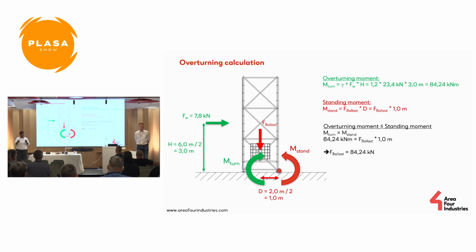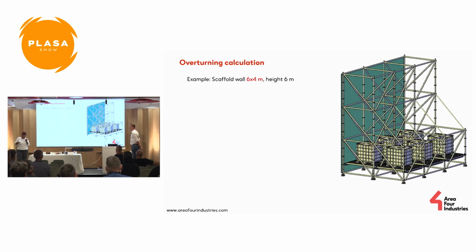How can we reduce it? Because I guess nobody wants to carry 500 kilos of scaffold and 8.5 tons of ballast. When we increase the depth by another scaffold bay, the standing moment is doubled because we have doubled the depth.